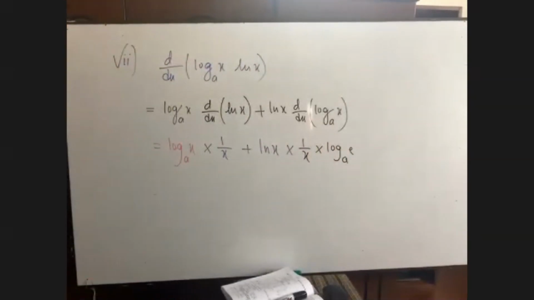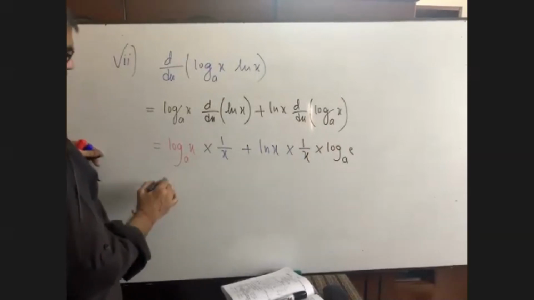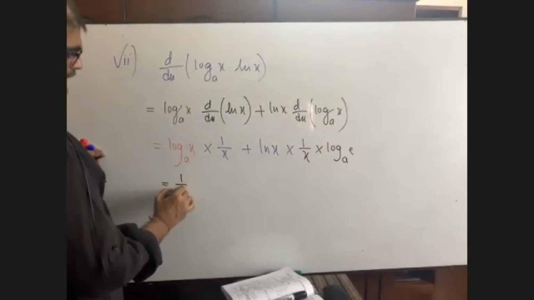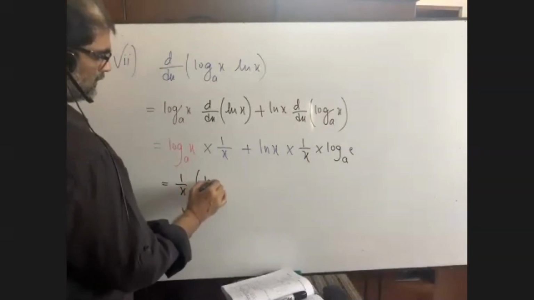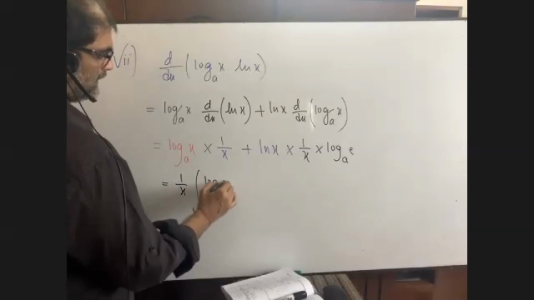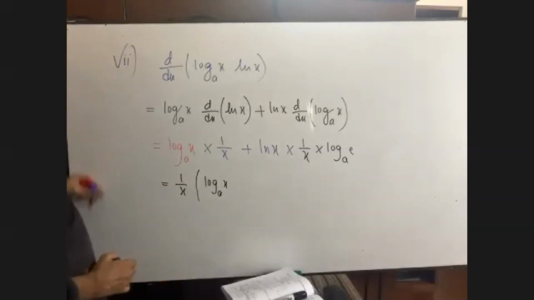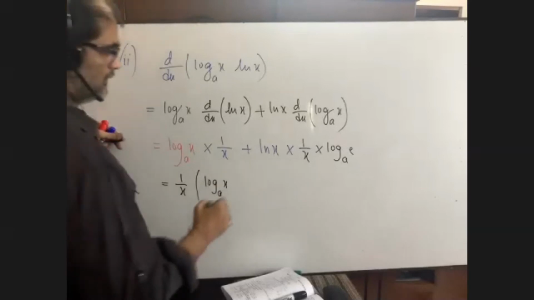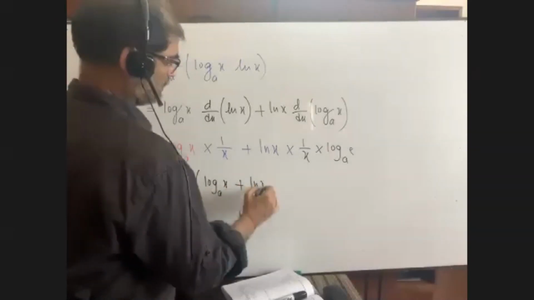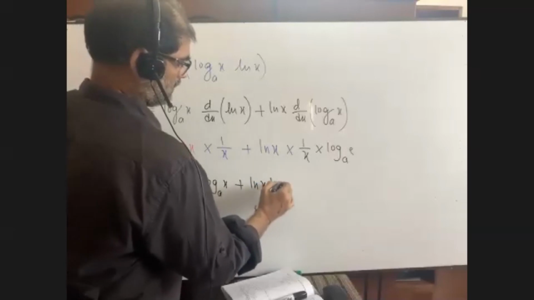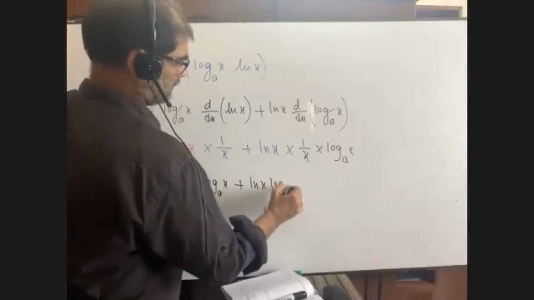Now you see only 1 by x can be taken common. 1 by x, then log a base x plus ln x log a base e.